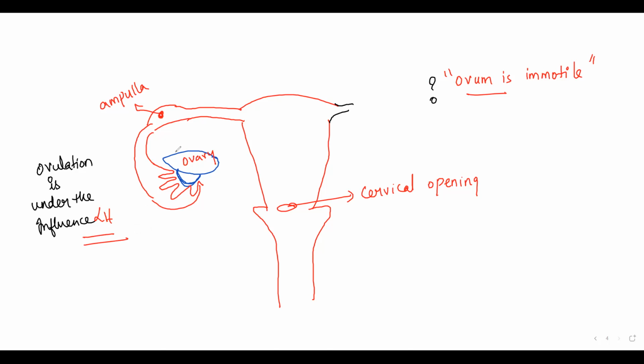Because of the increased luteinizing hormone levels here, they also show an effect on the fimbriae. What are fimbriae? The finger-like projections. Let me color them and show you. These are the fimbriae of your fallopian tubule.